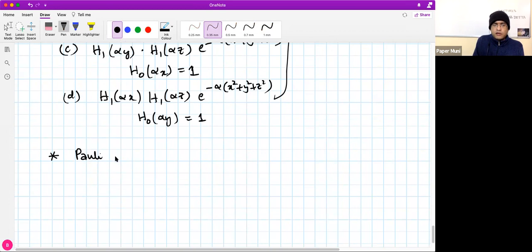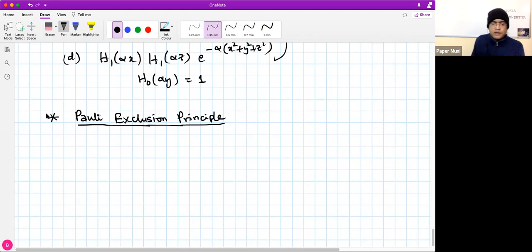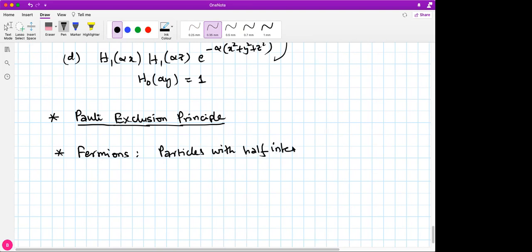Pauli exclusion principle. All right, so in this case, let's talk about fermions. Okay, fermions are particles with half integral spins.